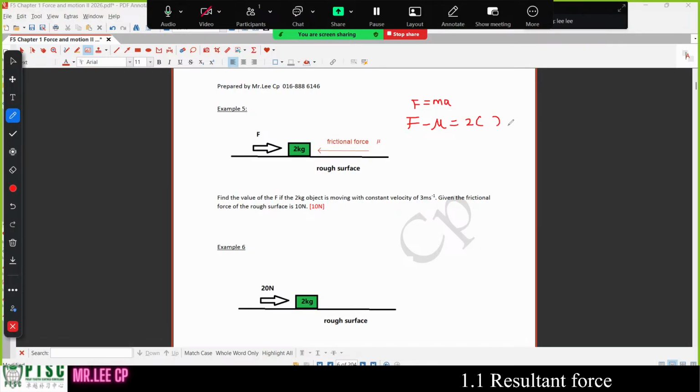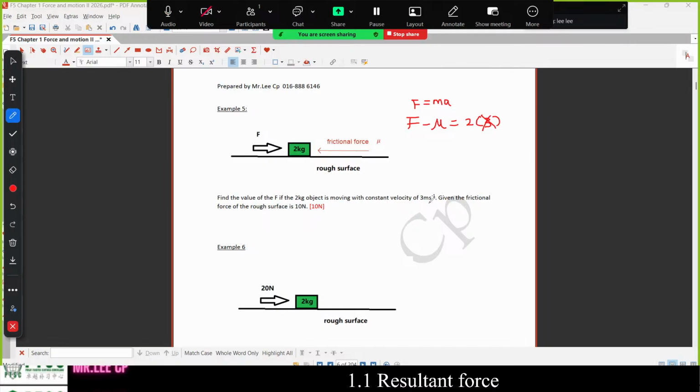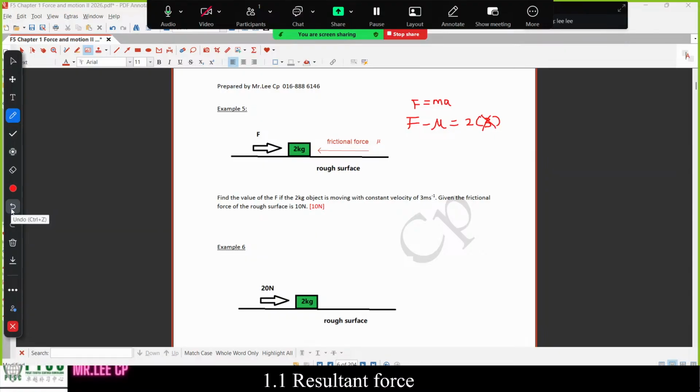How much is A? A is 3, Cikgu? No, this one is not acceleration. Acceleration is in m/s squared. This one is constant velocity, in m/s. So for constant velocity, the acceleration is 0.